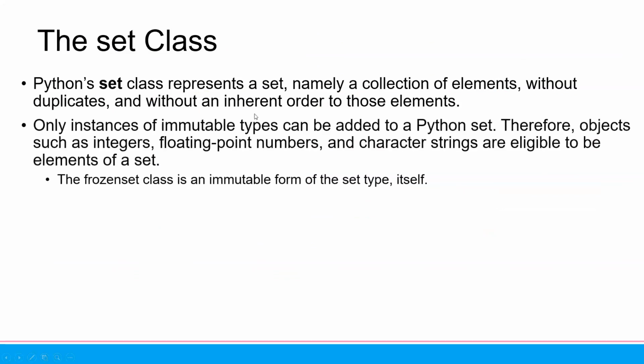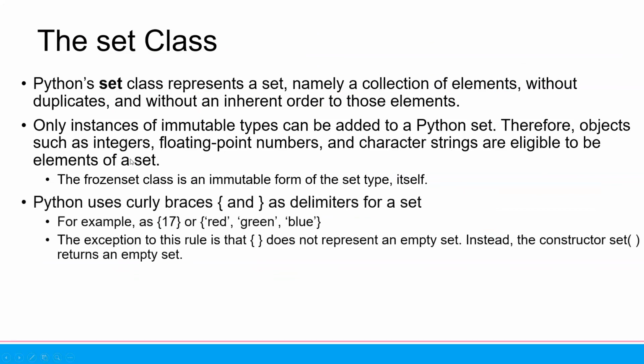Only instances of immutable types can be added to Python set. So the immutable means unchangeable. Therefore, objects such as integer, floating point, strings are eligible to be the element of set. The frozen set class is an immutable form of the set type itself. So I will just focus on the set.